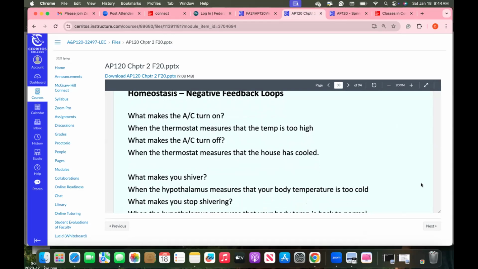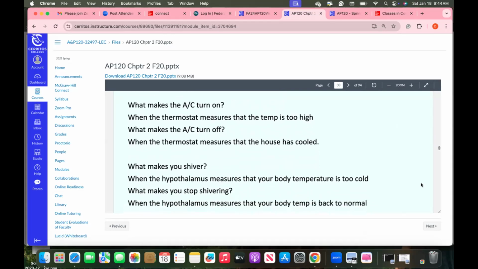And so you shiver because your hypothalamus tells you, hey, I need some help. And you put on a jacket, you cover yourself with a blanket, whatever you do. But when your hypothalamus measures that your body temperature is normal again, you'll stop shivering. You can shiver for other reasons, but assuming that you're shivering because you're cold, you should stop when your body temperature is back to normal.